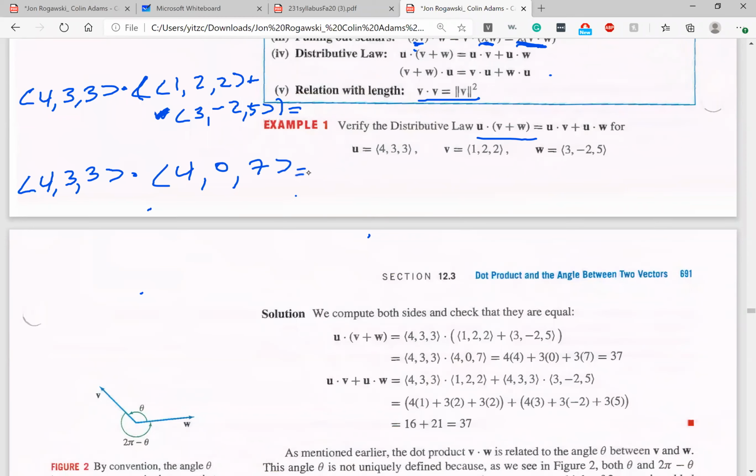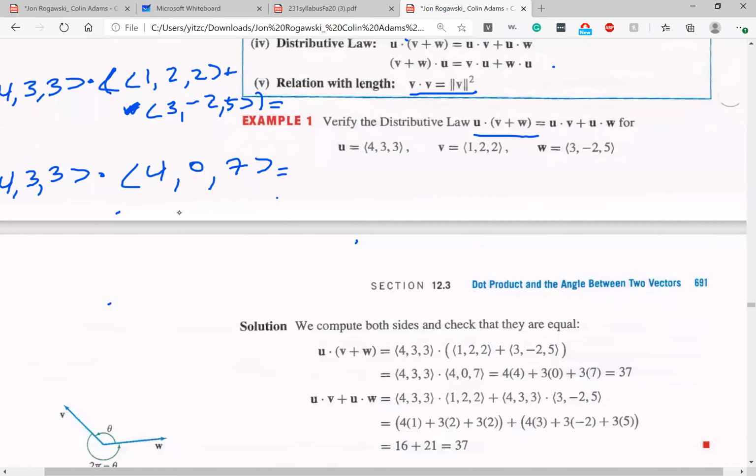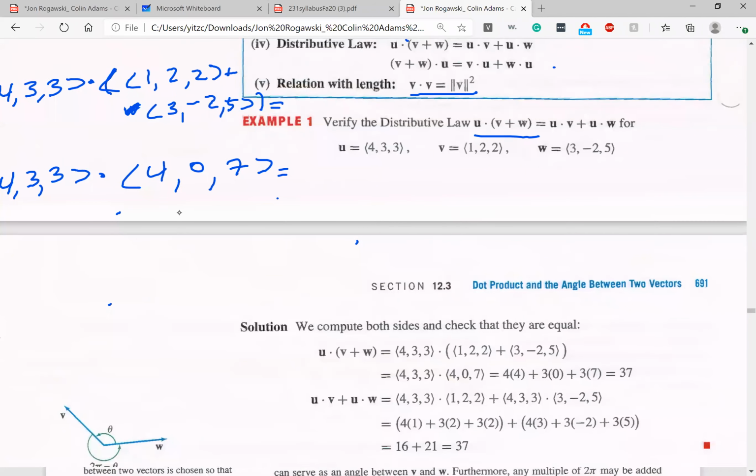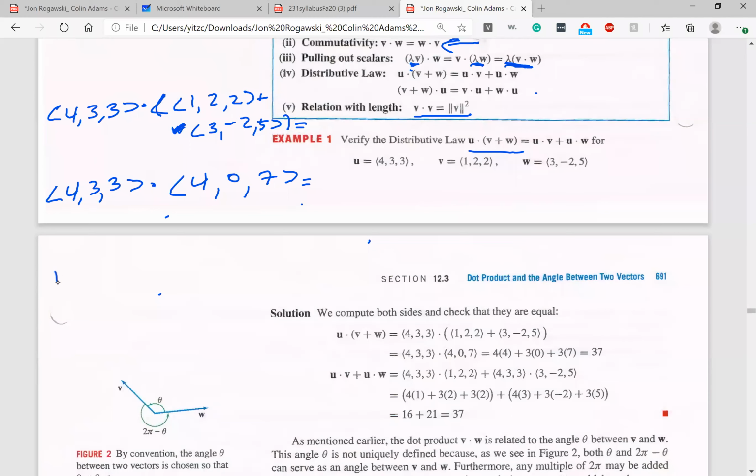And then this is going to be equal to 4 times 4, so 16, plus 21.